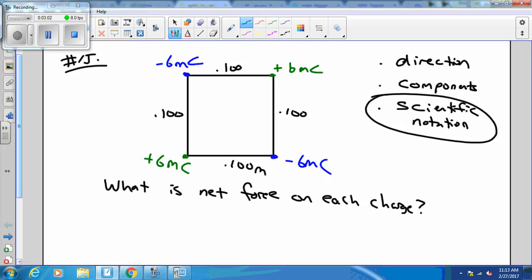And then in terms of components, maybe I can be smart about the components. All of the angles in this square are going to be either 90 degrees or 45 degrees. That's exactly right. And I know the sine and cosine of 90 degrees. The sine of 90 degrees is 1, the cosine is 0. And I know the sine and cosine of 45 degrees.